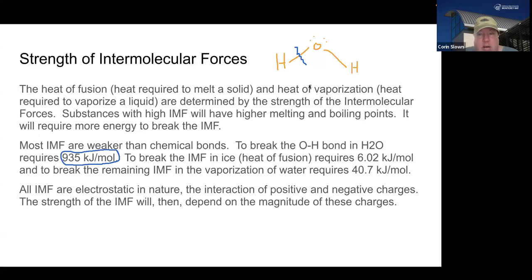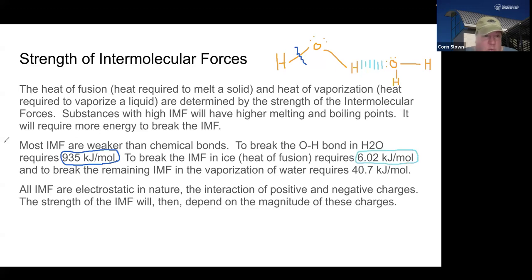If we're thinking about an intermolecular force, that would be, for example, the hydrogen bonding between the hydrogen of one water molecule and the oxygen lone pairs of another water molecule. If I wanted to break that bond, it's going to be different for ice. So breaking it in ice would be 6.02 kilojoules per mole.